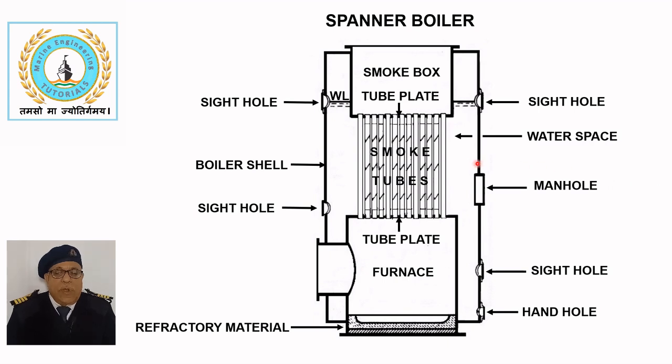All the tubes are surrounded by water up to normal water level. The burner assembly is attached to the furnace through the burner tube, and fuel is burned in the water cooled furnace.